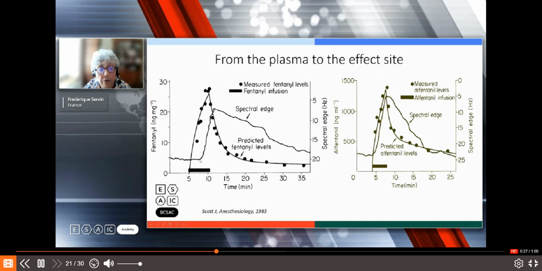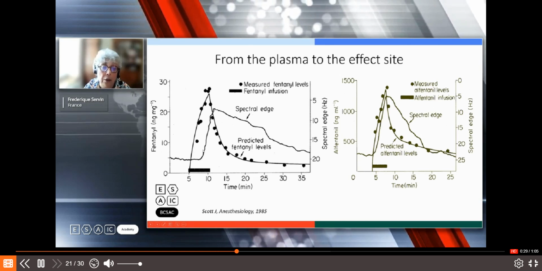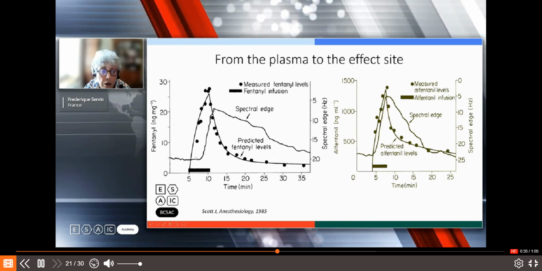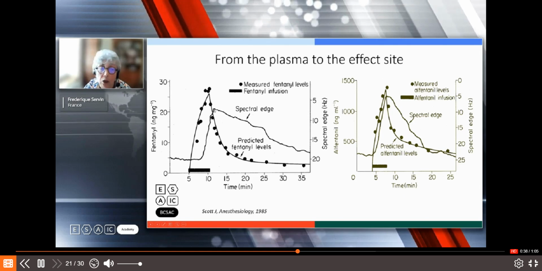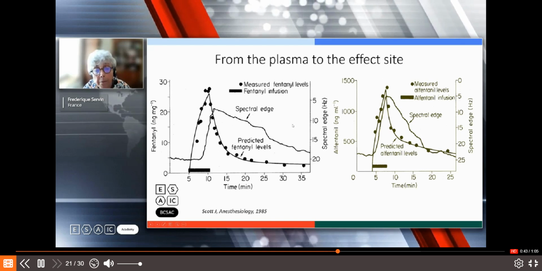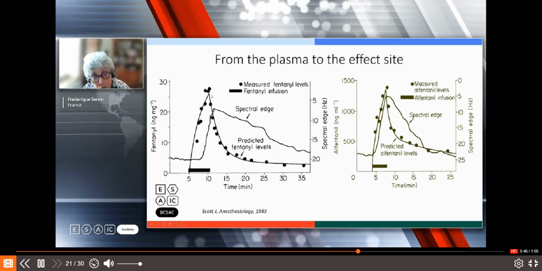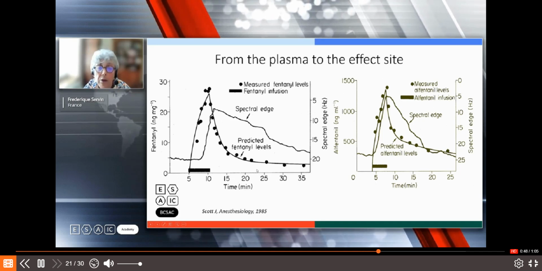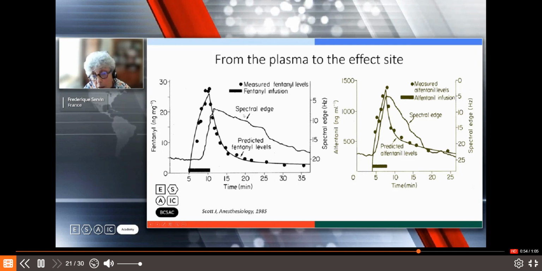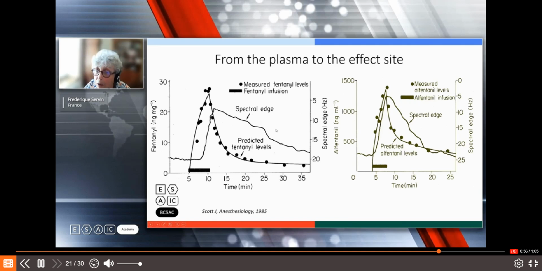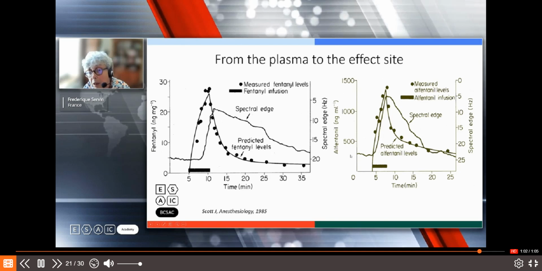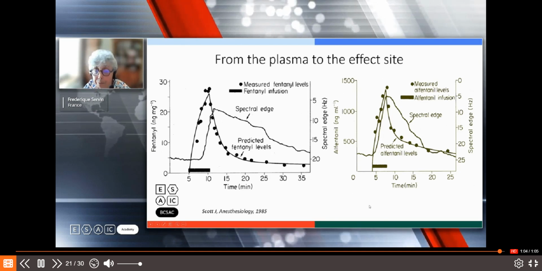And you see here that for fentanyl, there is a significant delay between the plasma concentration and the modification of an EEG parameter, which is called the spectral edge frequency. And also, once the fentanyl infusion is stopped, the plasma concentration decreases very quickly, but the EEG effect lingers over time. And you see that with alfentanil, those delays are much reduced.